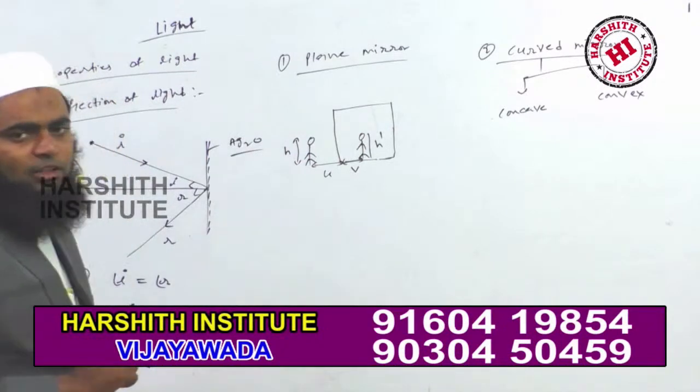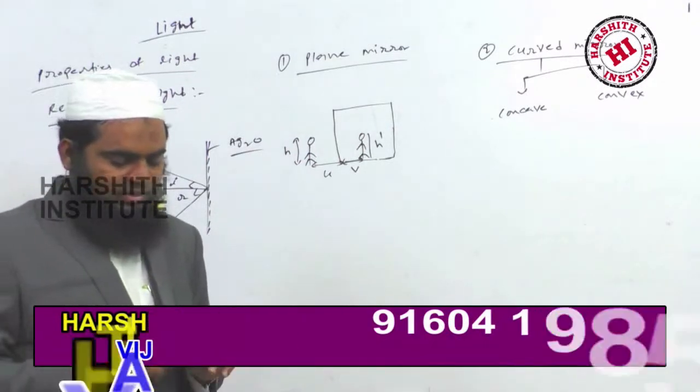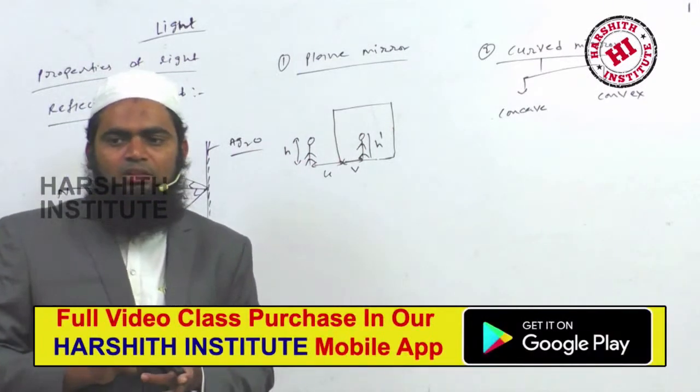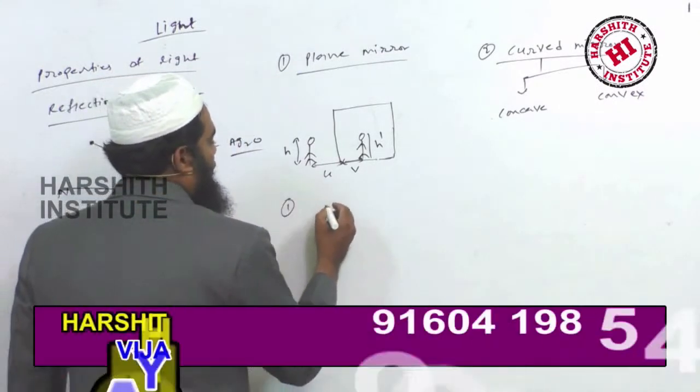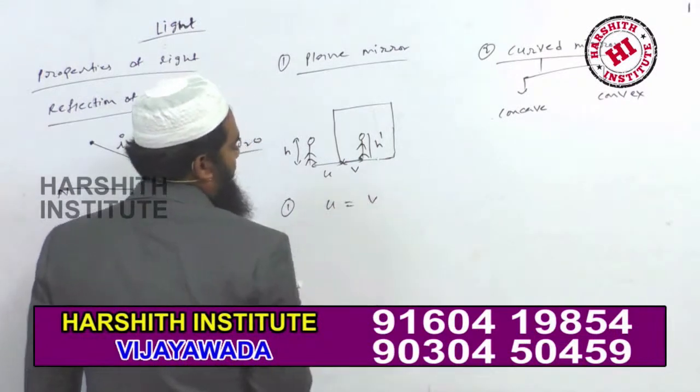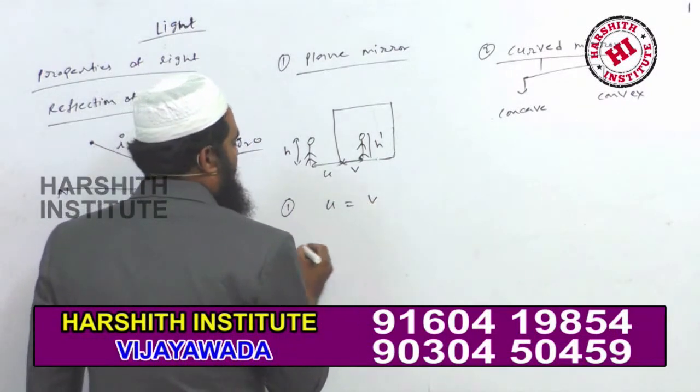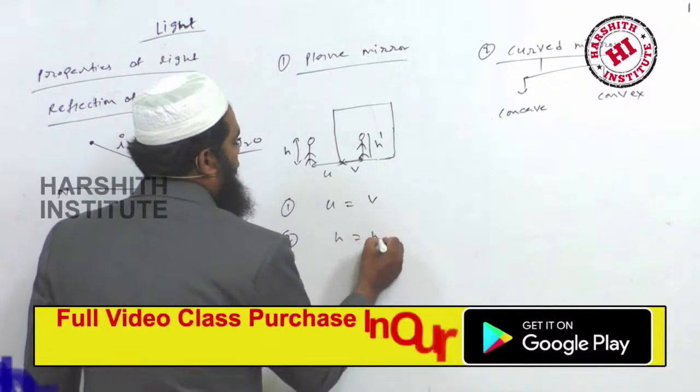Now, discussing the plane mirror, which we can observe in daily life, the first condition is U equal to V. The second condition is H equal to H dash.